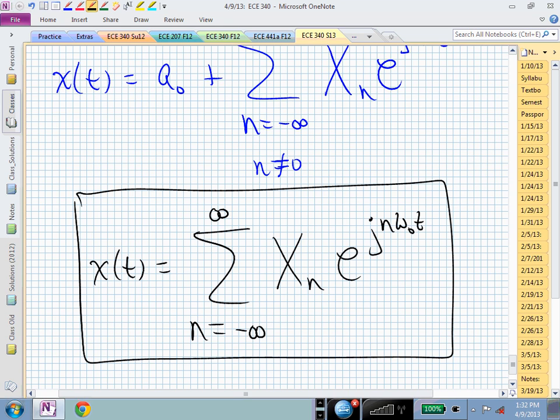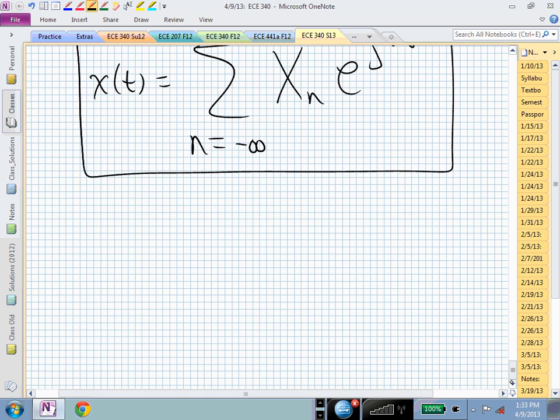How can you think of that? It's just sines and cosines at a given frequency, isn't it? These are just rotating phasors. Those are just sines and cosines. If somebody says e to the j n omega naught t, you can be thinking, oh, that's sines and cosines at n omega naught t.